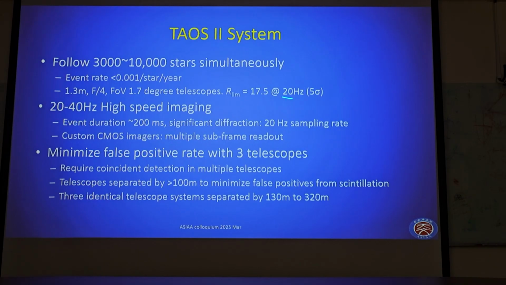The limiting magnitude at 20 Hertz is, here we say 17.5, but recently we found it's probably a little bit less due to the seeing and other effects I'll explain a bit later. We'll run it at 20 Hertz to well sample the light curve or the diffraction pattern that I mentioned. So we use CMOS imagers with a sub-aperture readout for 20 Hertz. And the three telescopes are separated by at least 100 meters to minimize false positives from scintillation.